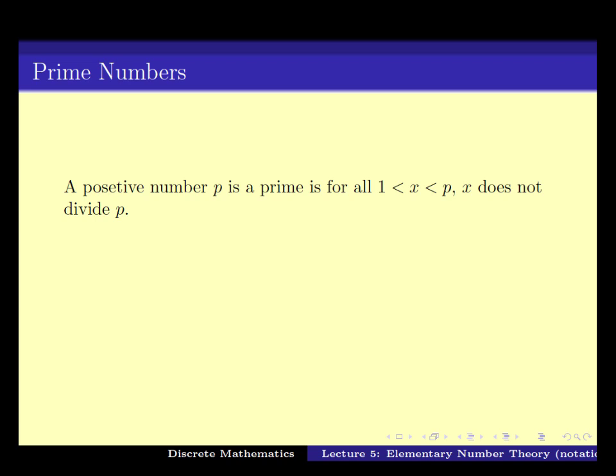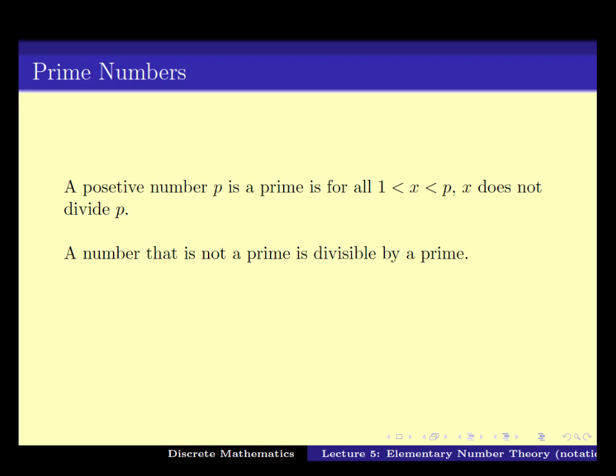So any x which is bigger than 1 and less than p does not divide p. In other words, you can check or prove for yourself that a number that is not prime is divisible by some other prime.